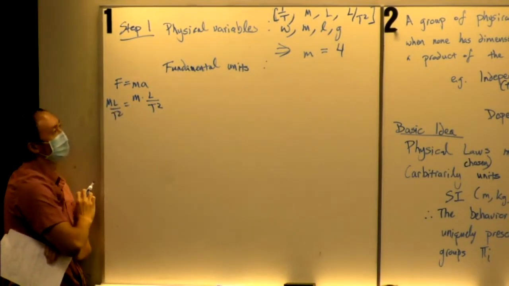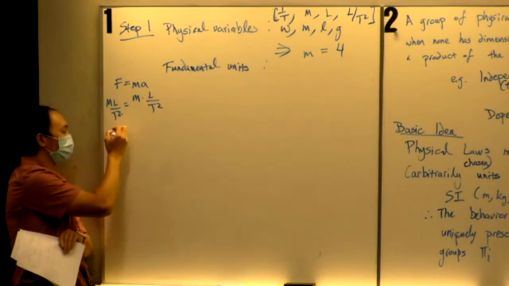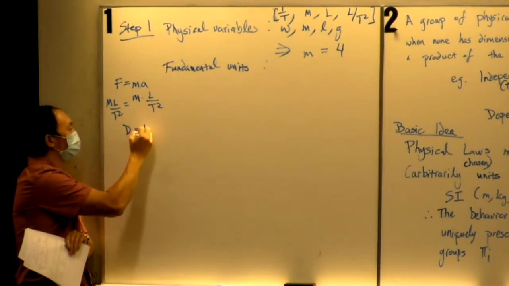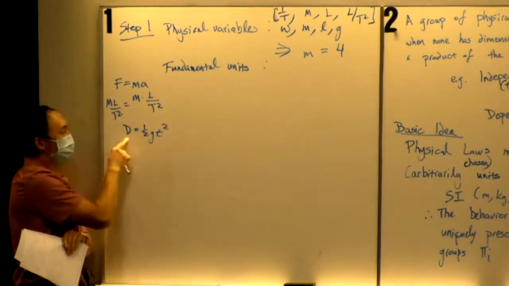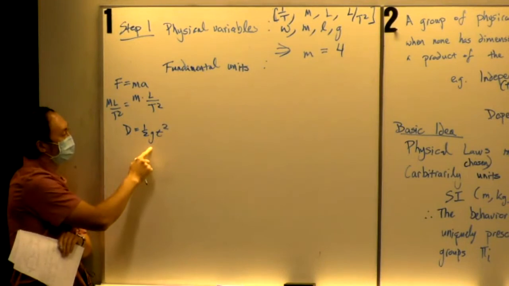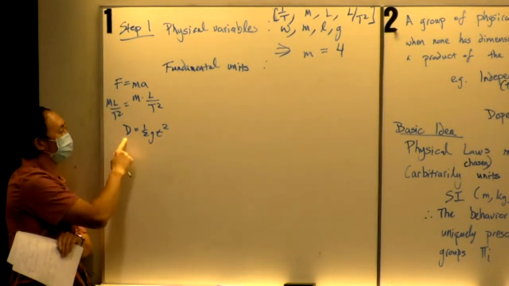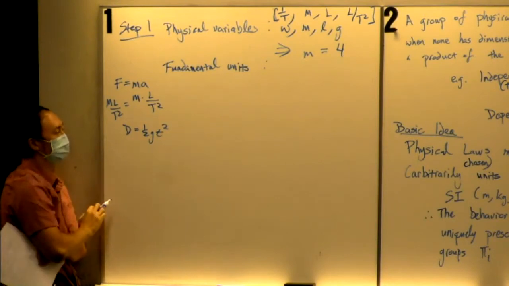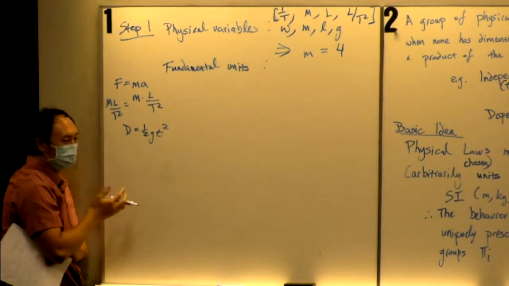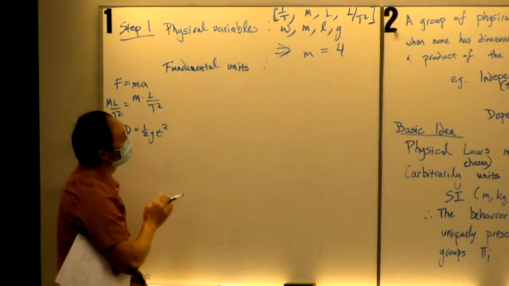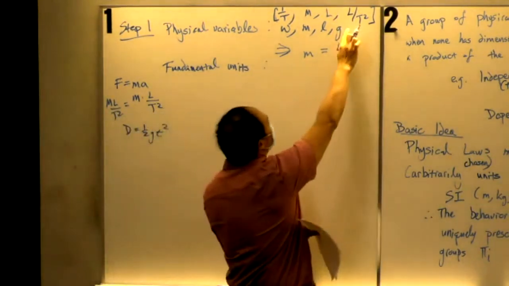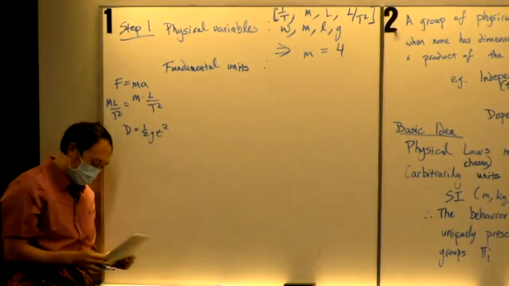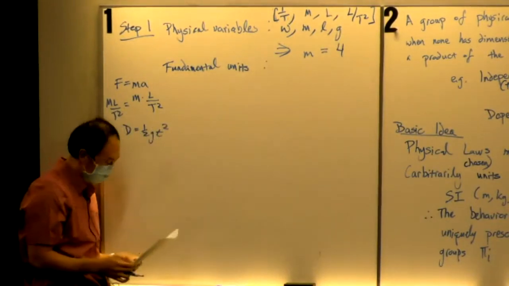Or you try to memorize certain formulas like the distance is equal to 1/2 gt squared. The distance something falls is the time squared, and then you've got a g. The only way you can get a distance out of a time is you multiply by length per time squared. So you try to come up with formulas that help you remember it. I will also give you the units of this on the quiz, just because I'm nice sometimes.